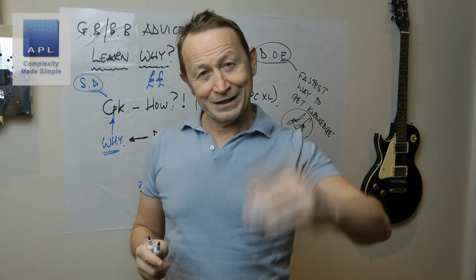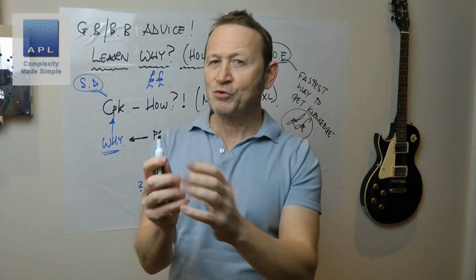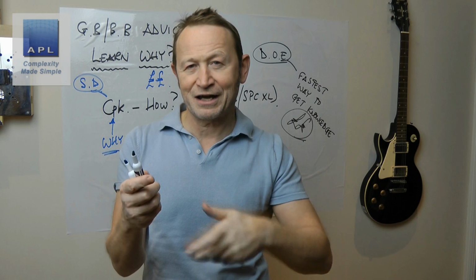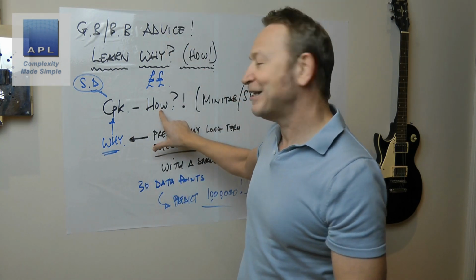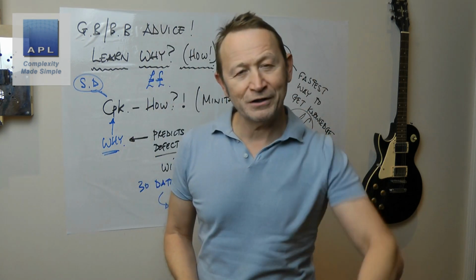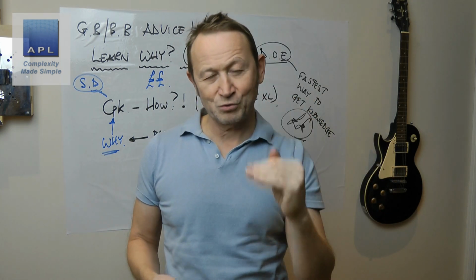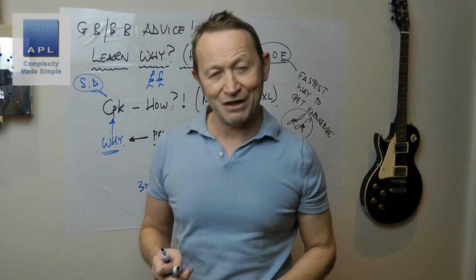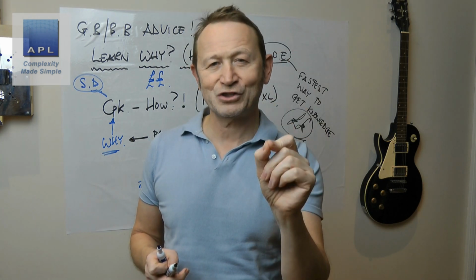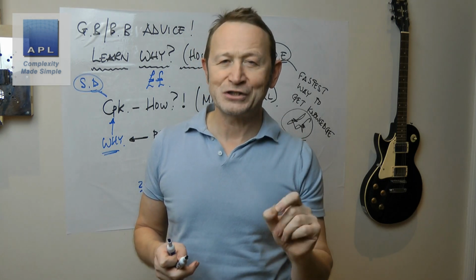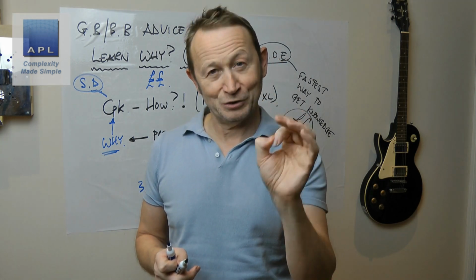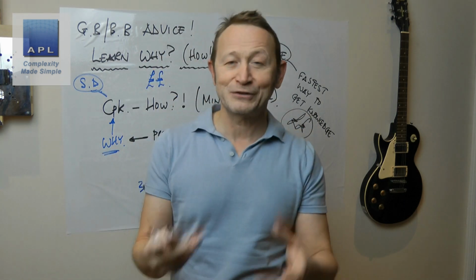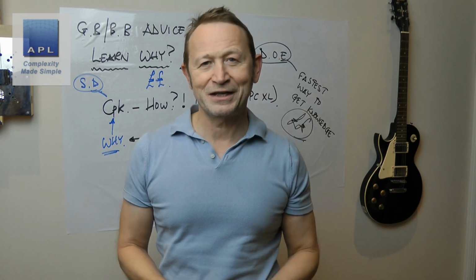You've got to learn why. Take a look at each tool. By the way, too many of the Ready Reckoner little books, you know, Six Sigma for Dummies and things like that, what do they tell you? They tell you how, they don't tell you why. Take a look at your list of tools, every single one of them, every diagram, every statistical calculation you're going to do, and ask yourself, why am I doing this? And then you'll understand, and as a green belt or a black belt, you'll become a money-making monster.